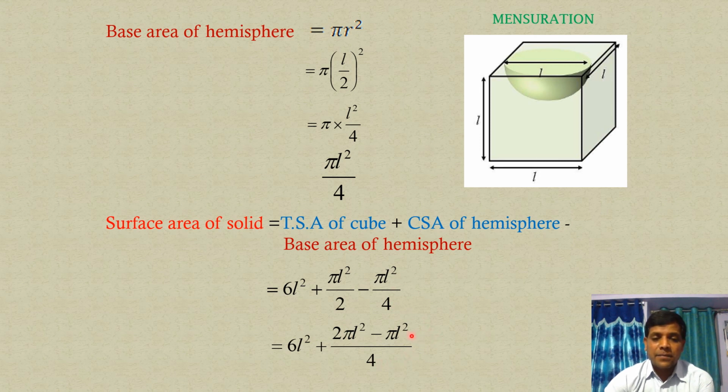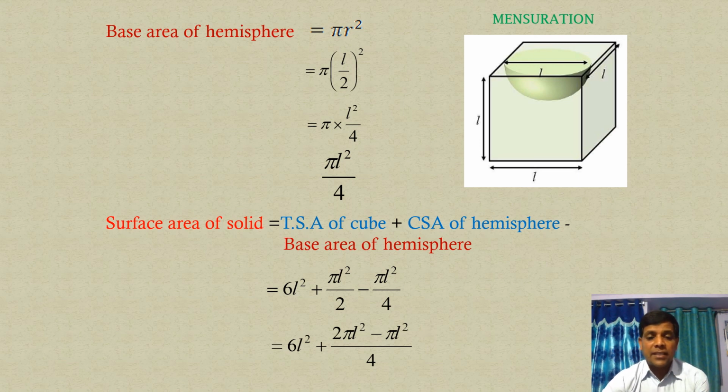So 6L square plus pi L square by 2 minus pi L square by 4 is written with LCM 4 as 2 pi L square minus pi L square. 2 pi L square minus 1 pi L square, we get 1 pi L square, or pi L square by 4.